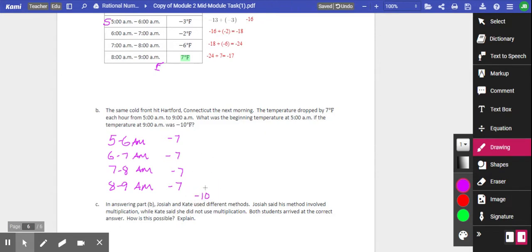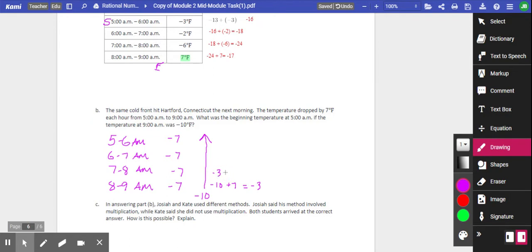So if I wanted to move backwards and figure out where I started, now they're dropping, but now we're going to move backwards. So that really means that we're going to add. So between 8 and 9, we would have our negative 10 that we ended with. If we add 7, we're now at negative 3.